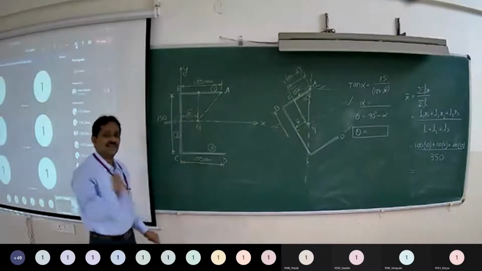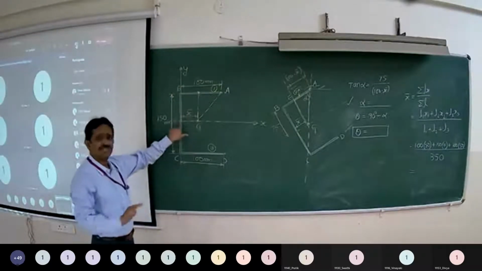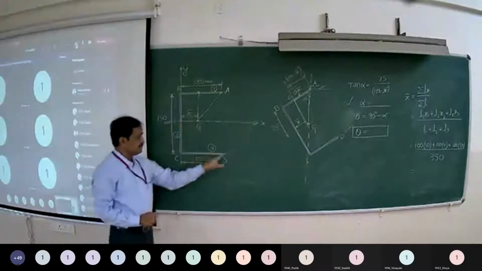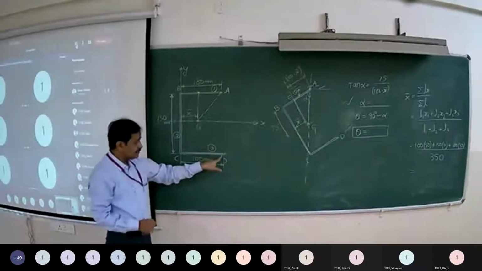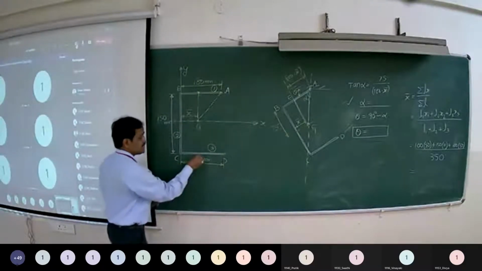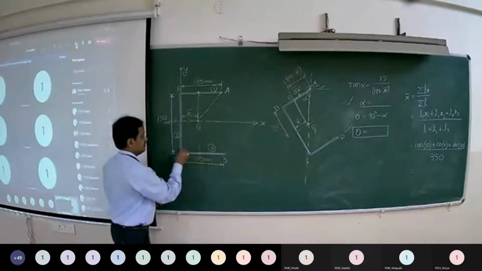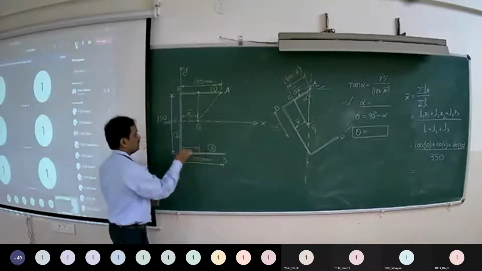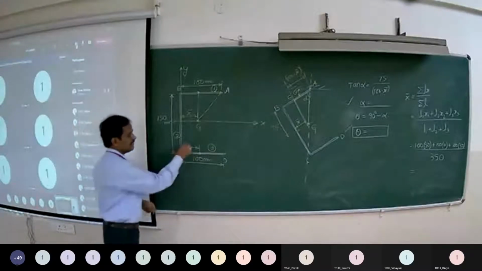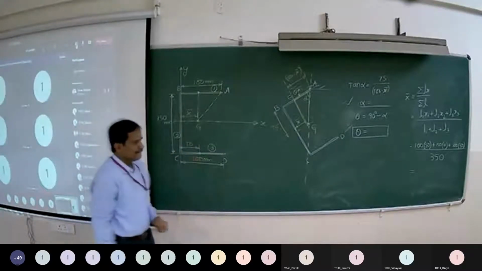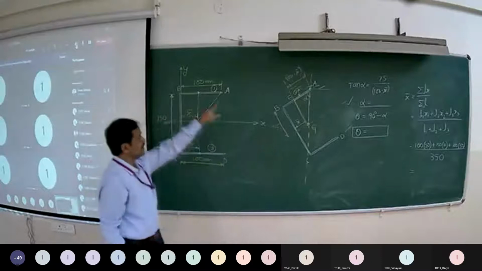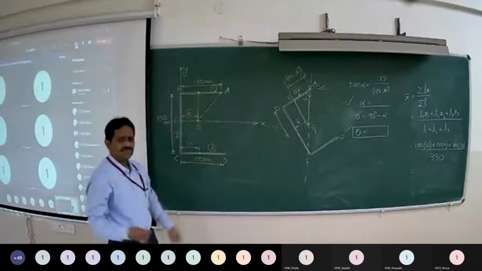Therefore, its distance from y-axis, that is x2, will be 0. Similarly, L3 is 100. X3 means distance of centroid of L3 from y-axis, that is 50. Upon L1 plus L2 plus L3, total length of the wire, 350.